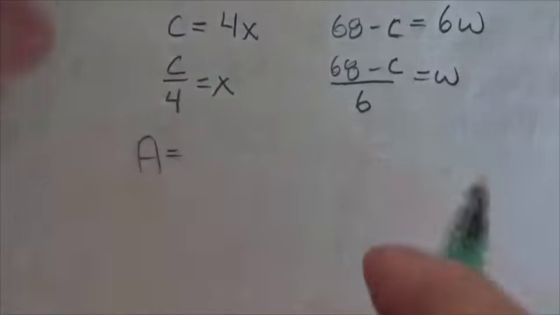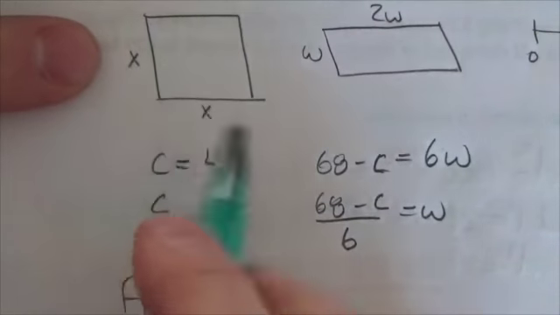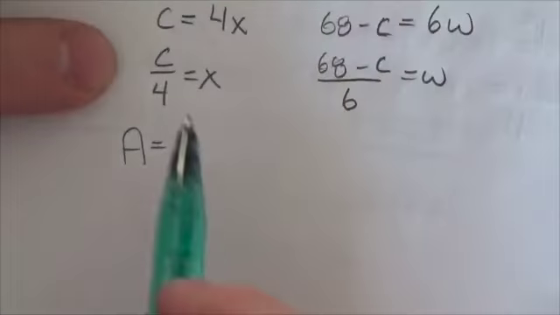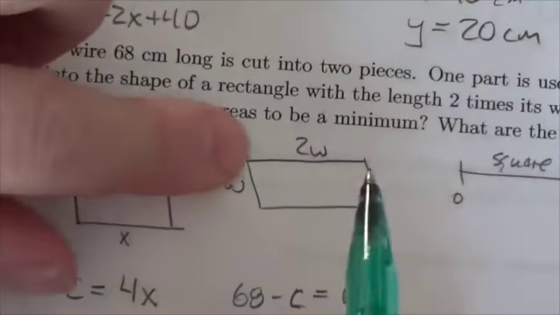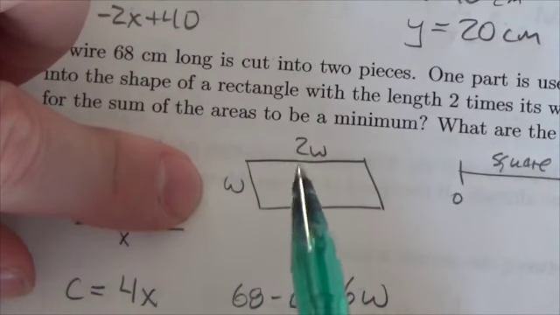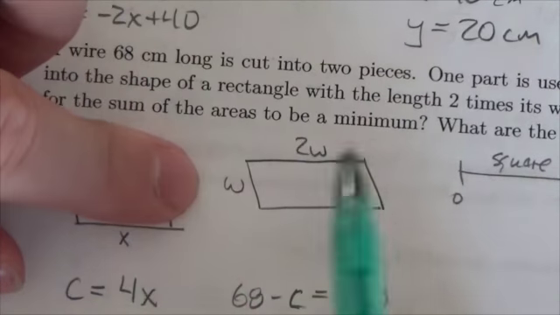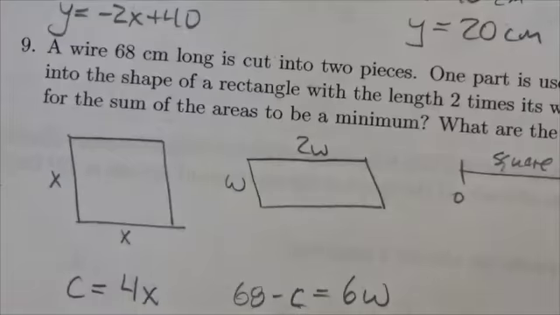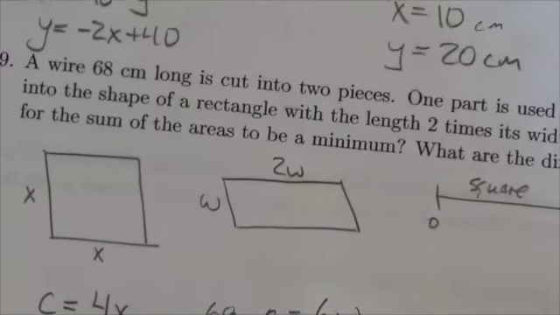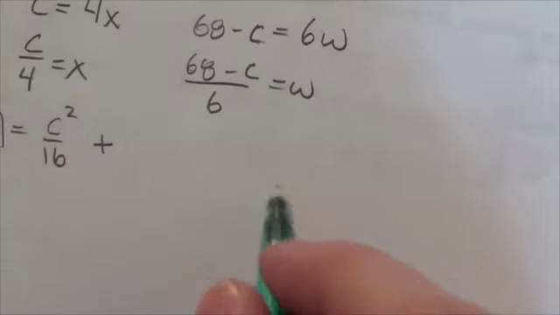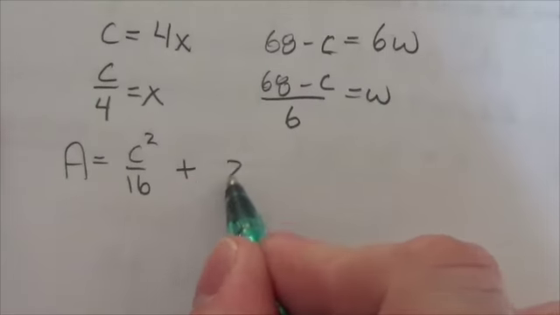The area of this square would be x squared, but in this case it's going to be C over 4 squared, so C squared over 16. And I'm going to add to that the area of this rectangle, which is going to end up being 2w squared.